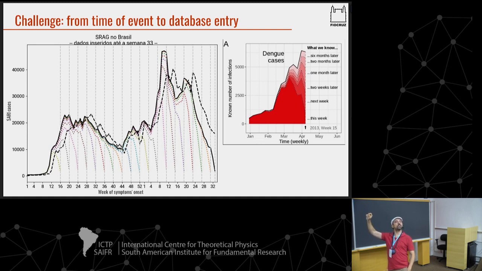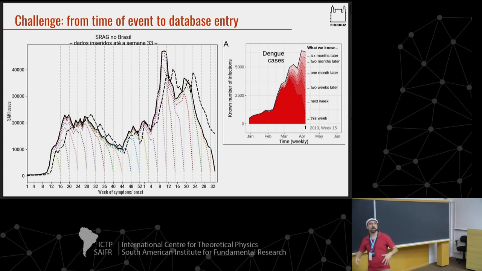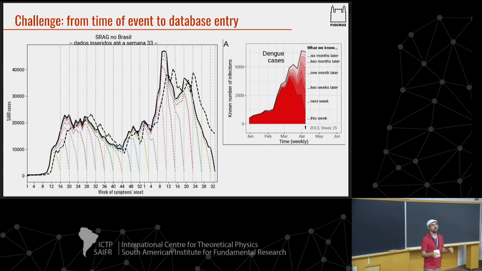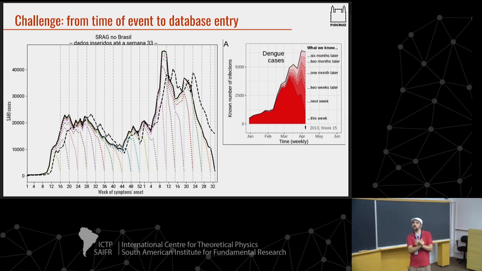So what is the information that is fundamental for us to be able to analyze this process? I must have in my notification system at least date of onset, right?